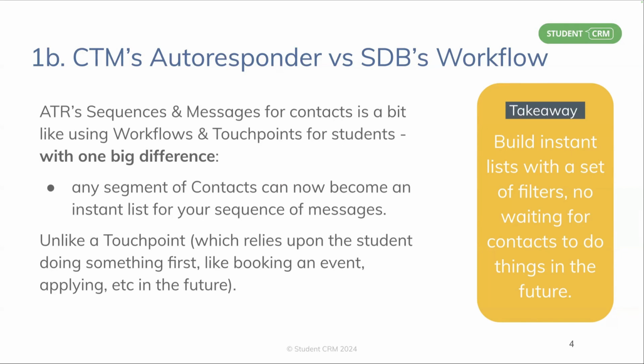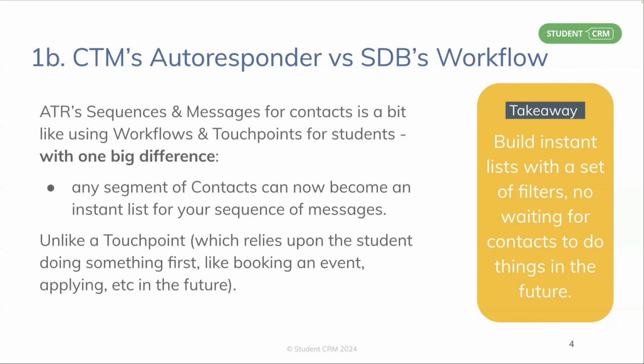For touch points for students, they normally do something first. So the student will book on an event and then get a workflow full of different emails. However, you have to wait until they've done something before they go on to a workflow. This is very different. The takeaway is that with Contact Manager's autoresponder you can build an instant list with a set of filters.